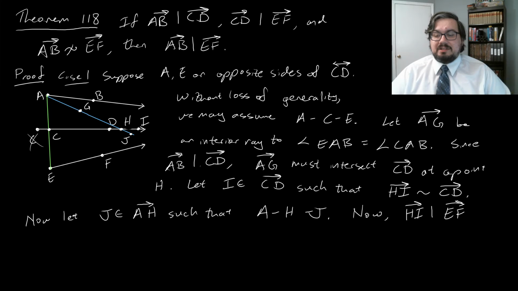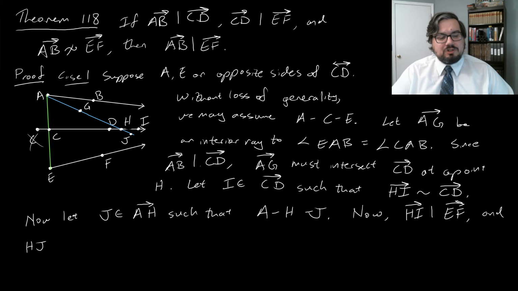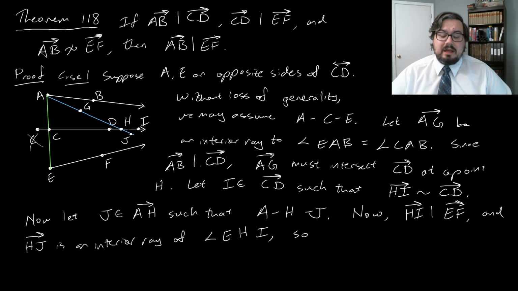That's because HI is equivalent to CD, and CD is critically parallel to EF. And the ray HJ is an interior ray of the angle EHI, and so that means that HJ intersects the ray EF.